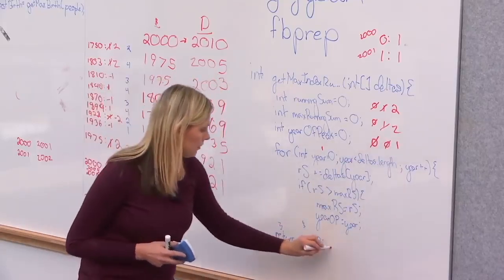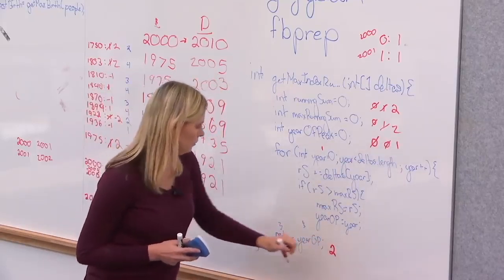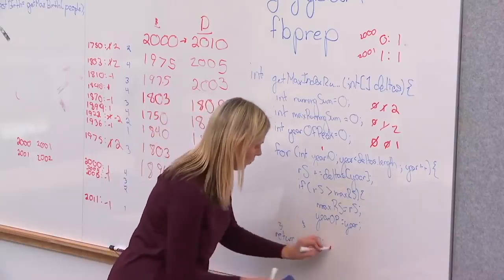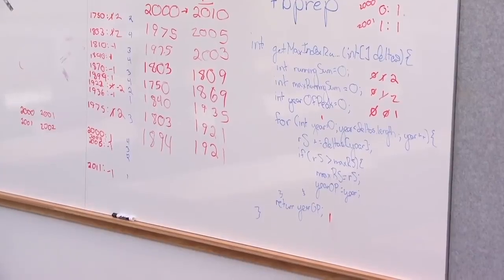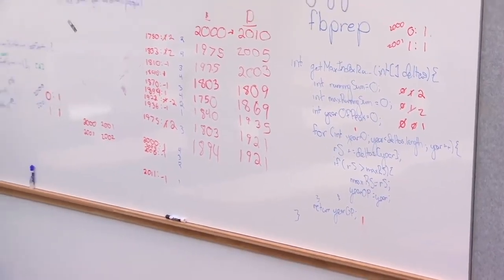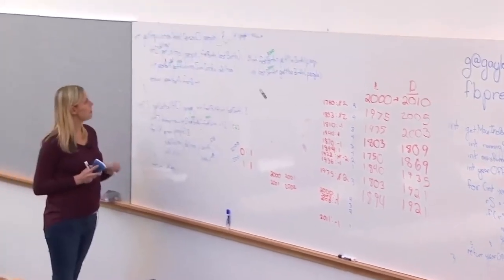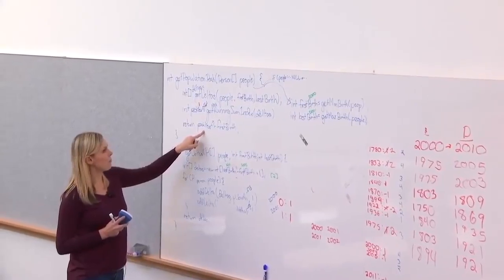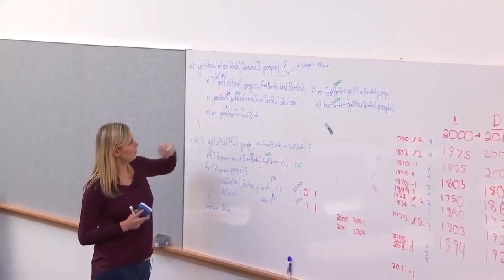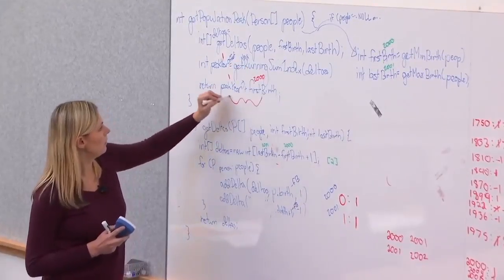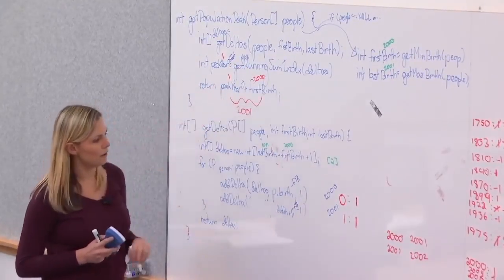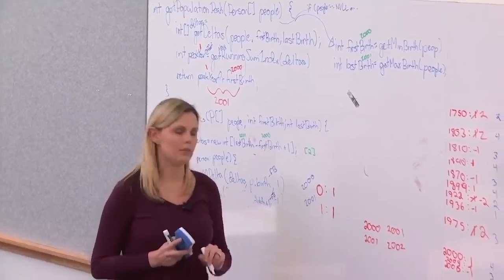And we're done, and return year of peak, which is 1. All right. Now, all the way back here. Okay, so peak year was returned as 1. Now, I return peak year, which is 1, plus first birth, which is 2000. So I return 2001. And yes, that is indeed what I want.